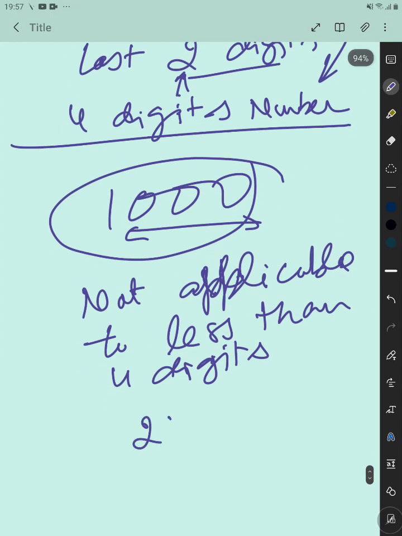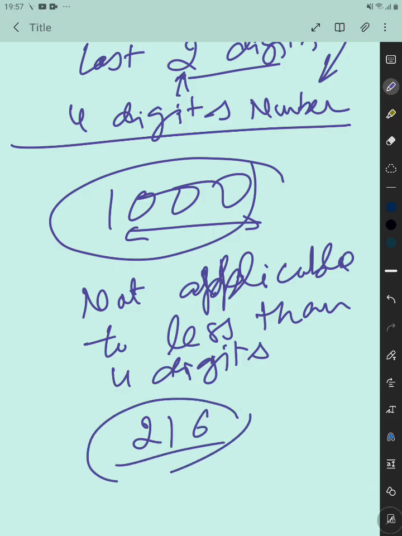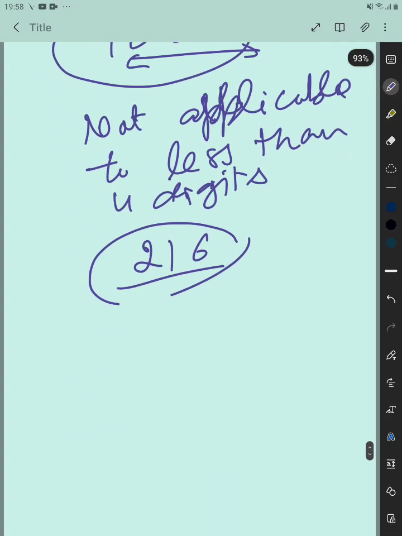Suppose 216 is written, we cannot ascertain whether it is divisible by 8 or not by this method. So let's test something, and find some numbers like that. Let's take a few numbers that are divisible by 8 and see how these numbers can be written for divisibility by 8.